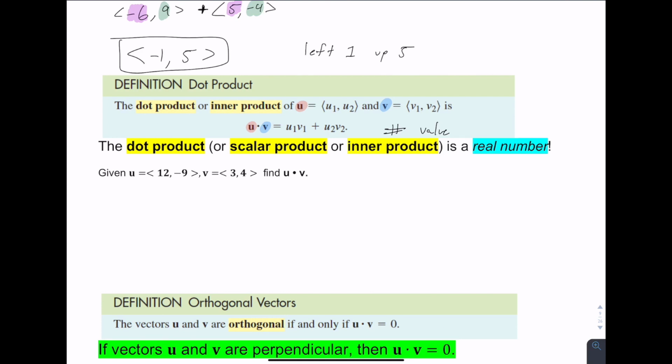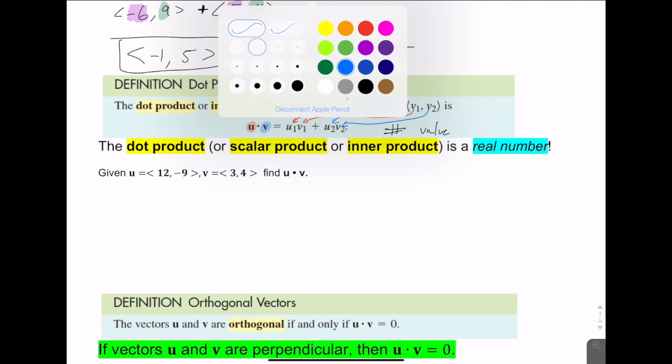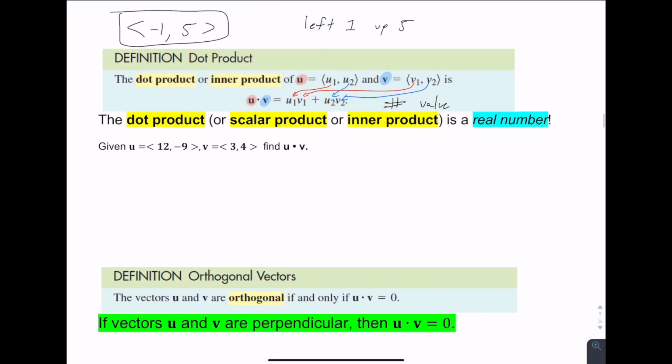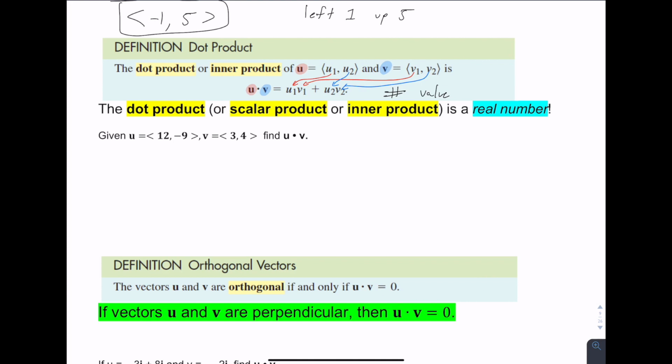So please be very careful to understand that when you multiply, notice how it's u and v, like u1 v1, and then u2 v2. That's very important. So let's look at the first example. Given u is that and v is that, find u dot v.